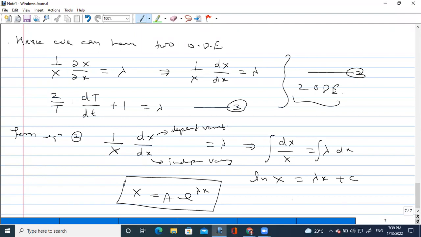Note down this. You can understand here, once only I'm telling you. X will be e to the power lambda x plus c. So how can you write it? e to the power lambda x into e to the power c. So this e to the power c, because it is also a constant, I can say that this is another constant a. So I am writing that. Okay, so in any type, a constant should be there. That's what I'm writing.